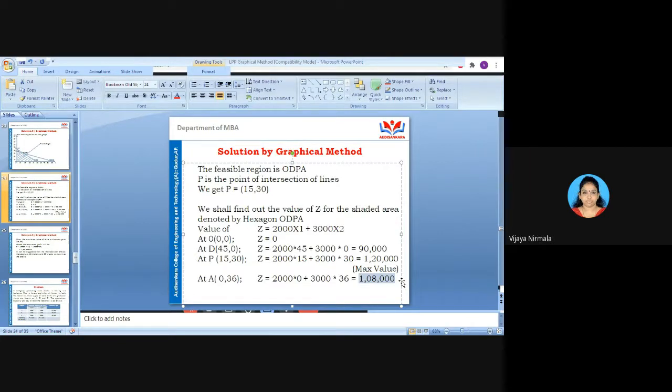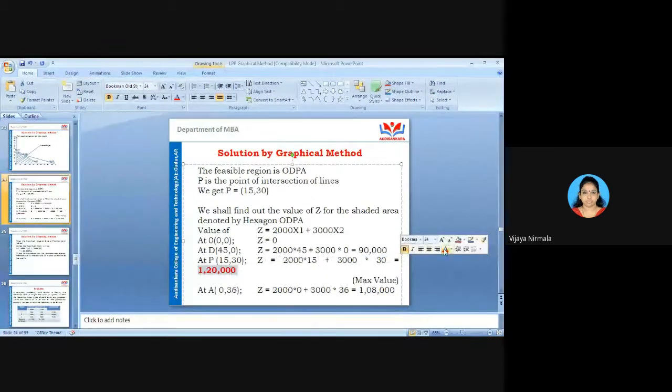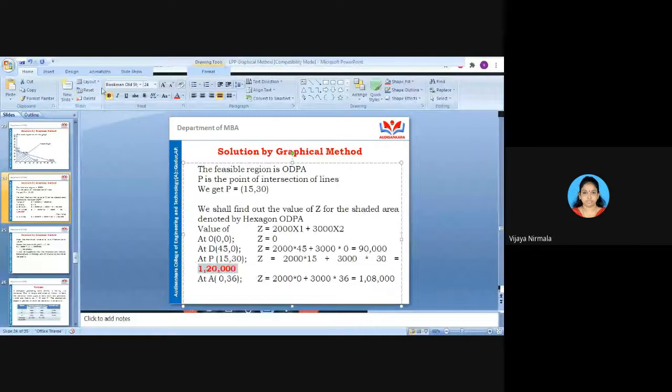Which is maximum? 1,20,000. So this is the maximum value, and this is the optimal value.